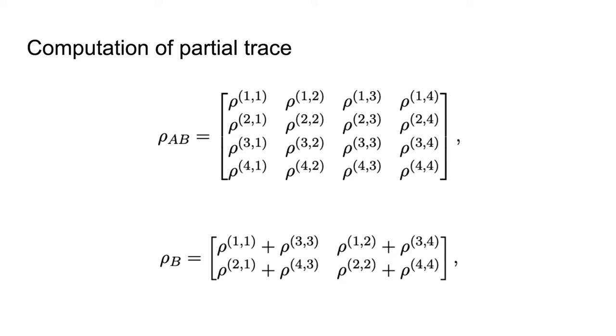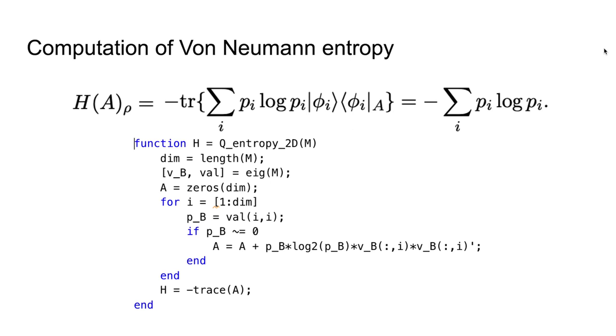From this matrix, we can compute the partial trace to get rho sub b, and it's done just applying this definition. Now that we have rho sub b, we can compute the von Neumann entropy, and to do so, we created a small function to which we pass a matrix, and we compute the eigenvalues of this matrix.